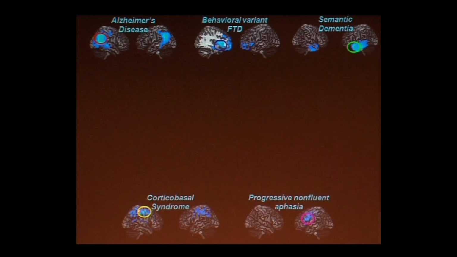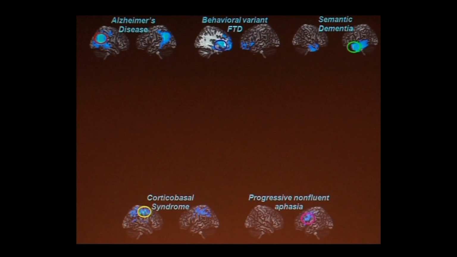And the blue areas are statistically atrophied compared to controls. And these are focal patterns, and then within those focal patterns, there are sort of accentuated nodes within the system where the atrophy is sort of at its peak. And I've drawn colored circles around each of those nodes of peak atrophy.